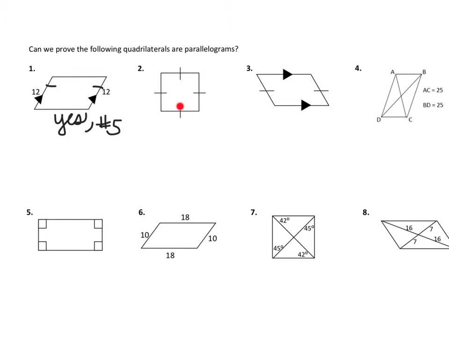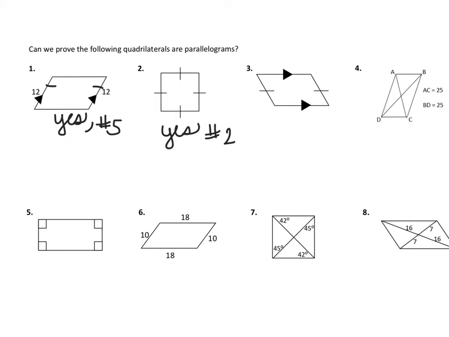I have a quadrilateral, and I notice that these opposite sides are congruent, and it's both pairs of opposite sides that are congruent. So yes, this is a parallelogram, and this is because of our second rule that says if both pairs of opposite sides are congruent, then it's a parallelogram.